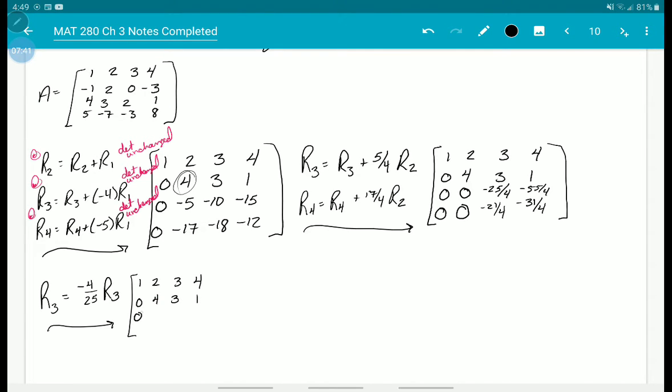I'm going to have a 0, 0, positive 1, and 11 over 5.